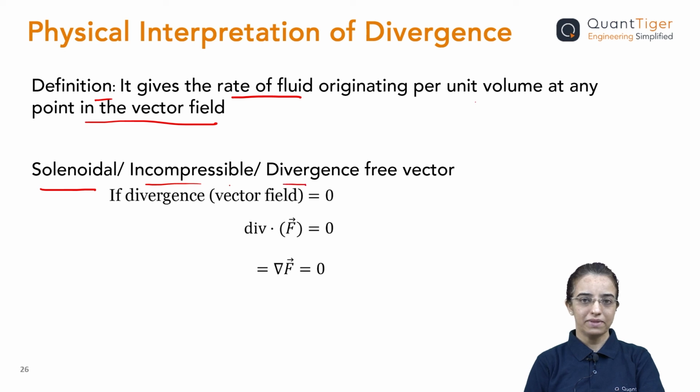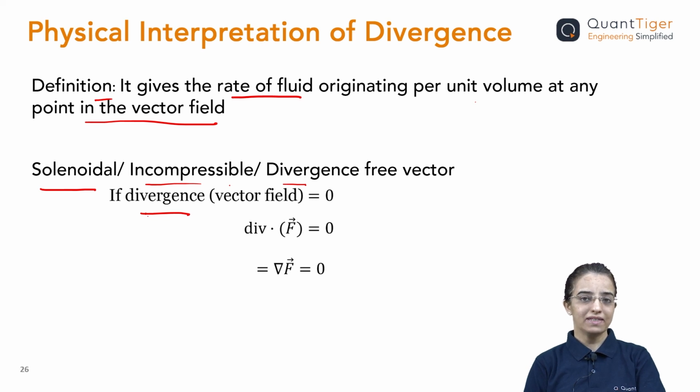Now, one more term is there: solenoidal, incompressible or divergence free. It is one and the same thing. All three different words or terms are used, but the meaning is the same. Whenever we find the divergence of any vector and see that it is 0, at that time we say that it is incompressible, meaning even when the fluid is changing from one point to another point, it is still not making any change in its volume.